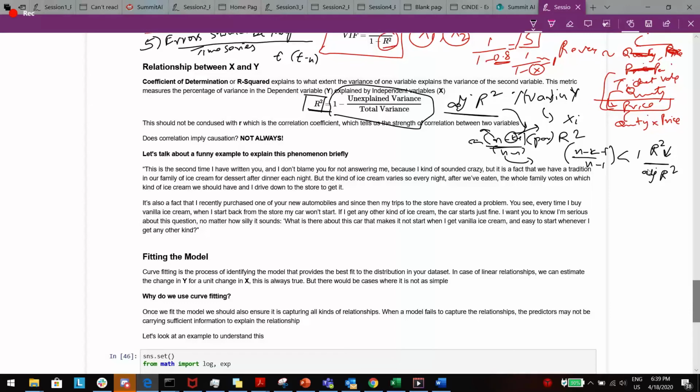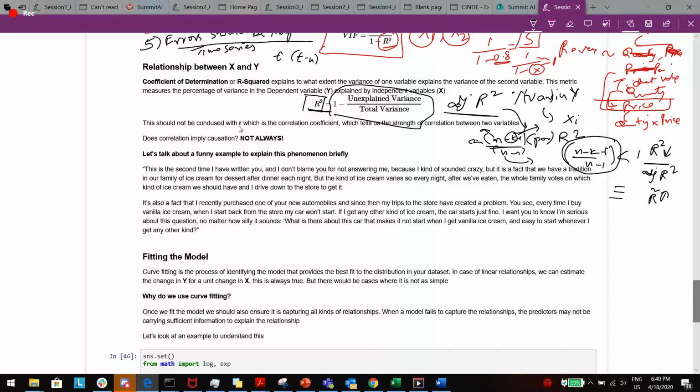Like we discussed, as you add more and more variables to the model, R square will keep on increasing. That is the nature of R square. To reduce that effect, we multiply by this factor to add a penalty.